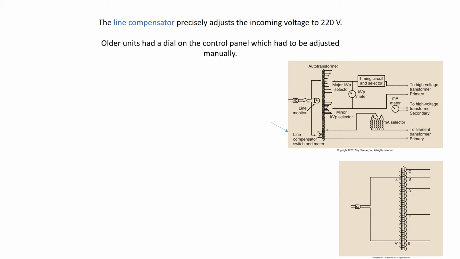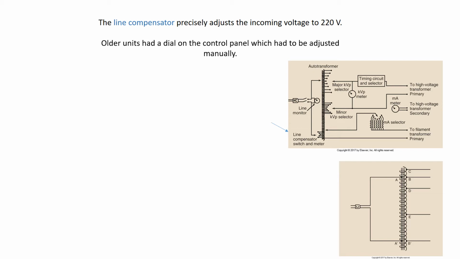Now, on older equipment, you actually had a dial on the control panel, which you had to literally adjust manually. It appeared as a needle, basically, and there was a line right in the middle, and there was an arrow, and sometimes the arrow would be to the right or to the left of the middle line.